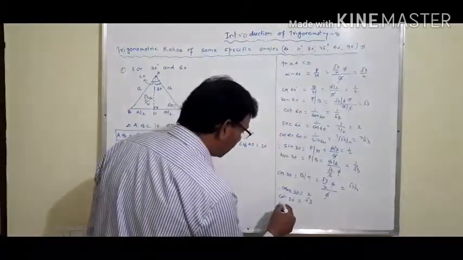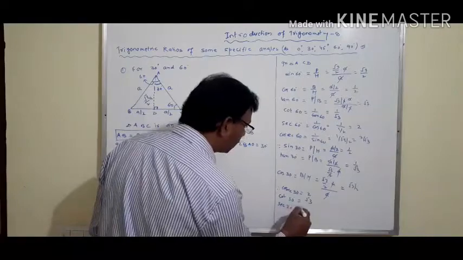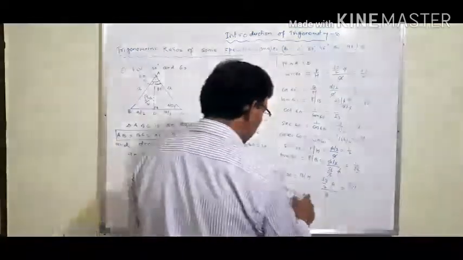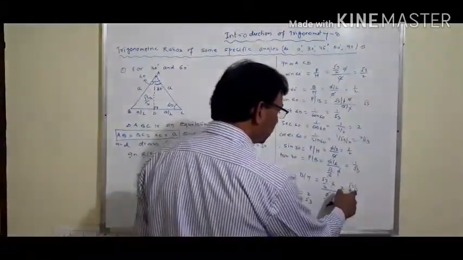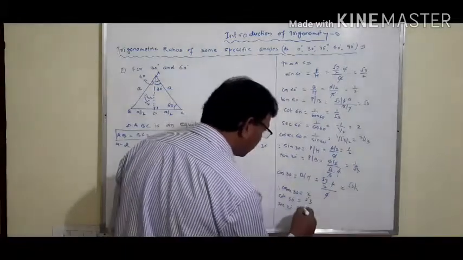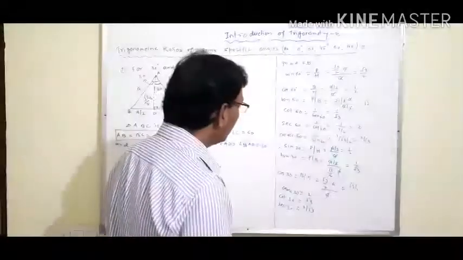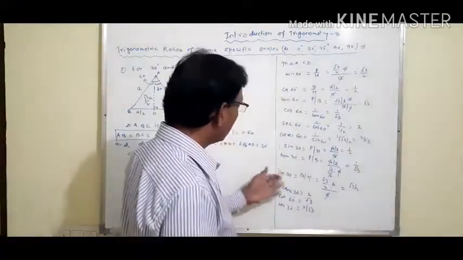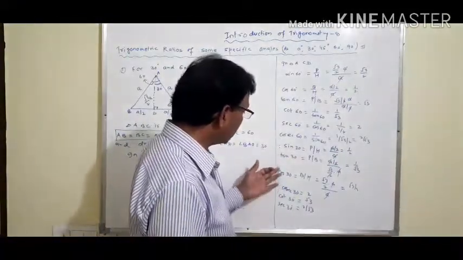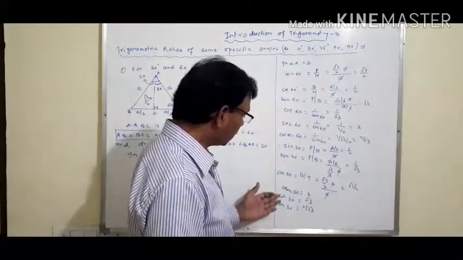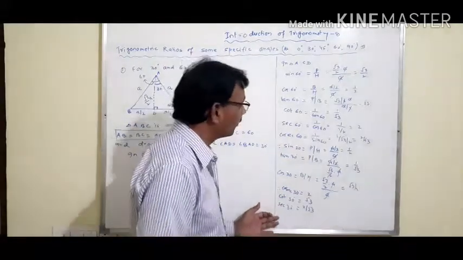And sec of 30: since cos 30 equals root 3 by 2, the reciprocal will be 2 by root 3. These are the values of sine 30, cos 30, tan 30, cosec 30, cot 30 and sec 30.